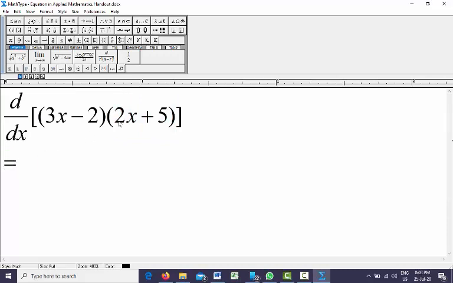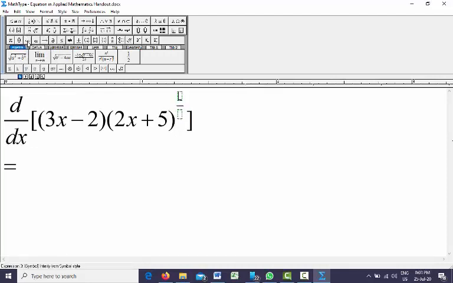But just imagine if you have a power here. If you have a power, for example, you have a power 5 by 2 there. Now can you multiply this 3x with this twice x plus 5?